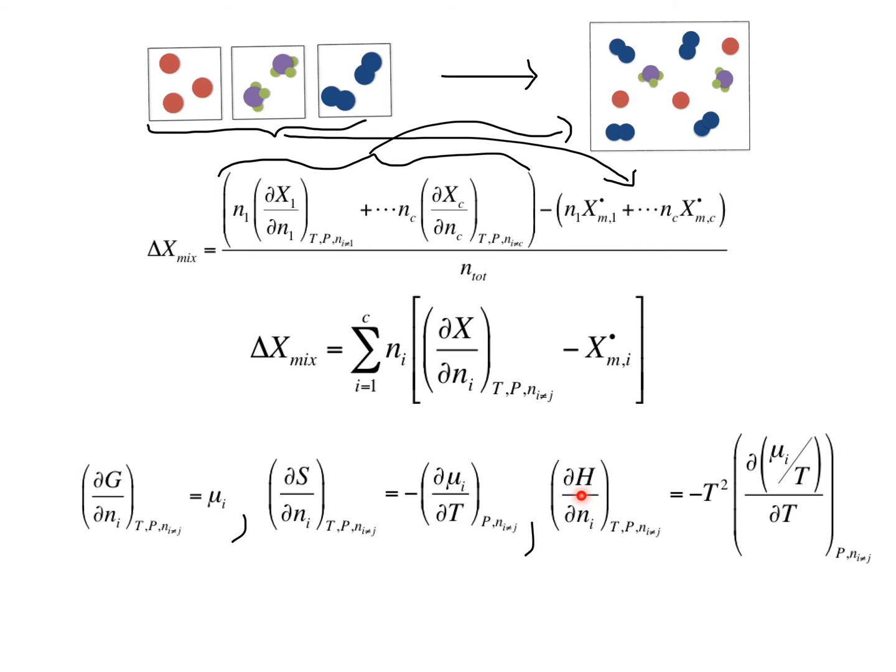For the enthalpy, we know that the enthalpy is equal to the derivative of the Gibbs free energy divided by temperature with respect to temperature times minus T squared, and so the partial molar enthalpy is equal to minus the temperature squared times the partial derivative of the chemical potential divided by temperature with respect to temperature.